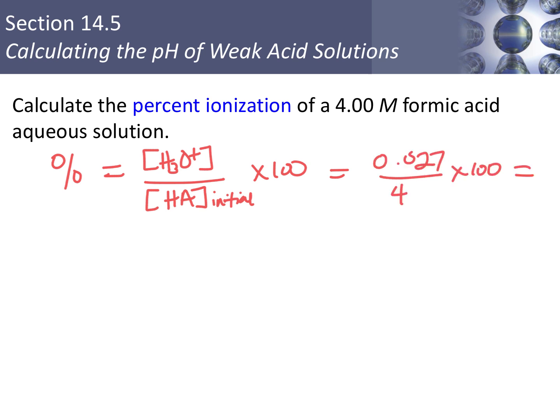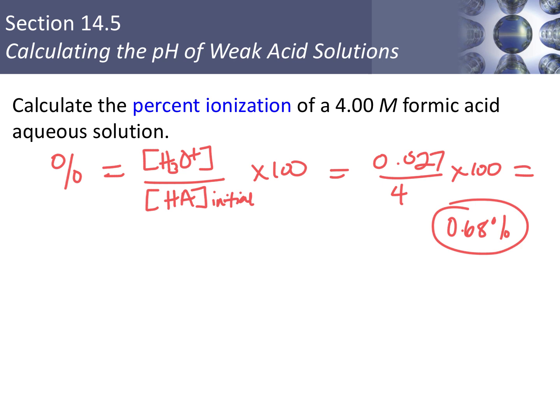Our value for X, or our hydronium ion concentration that we just calculated, was 0.027. We'll divide that by the 4 molar, the initial concentration, times 100 to make it a percent. And our percent ionization or dissociation for our formic acid solution is 0.68%.